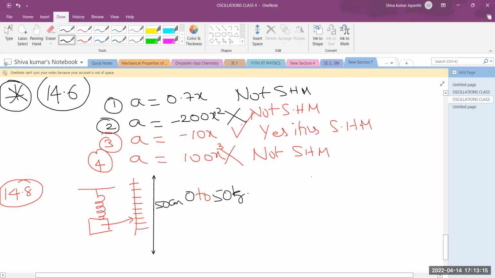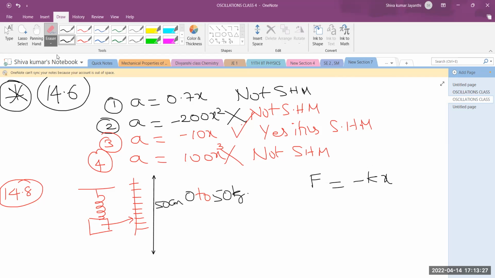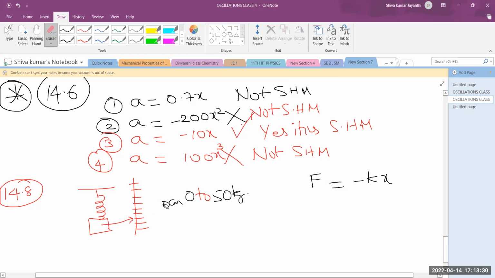What is the force acting on a spring balance? F is equal to minus kx, where X is the extension. Length of the scale is 20 centimeters.